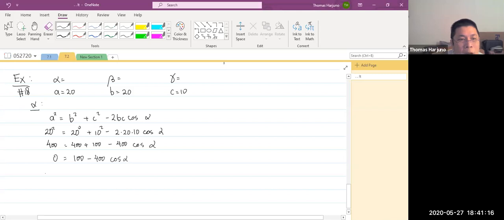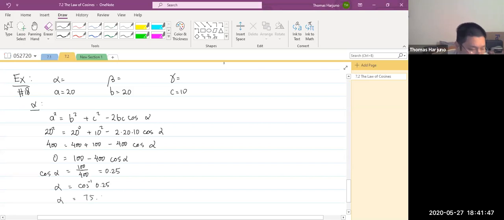So cosine alpha is 1/4, right? 100 over 400, which is 0.25. So alpha will be cosine inverse of 0.25. That is 75.52249 degrees.